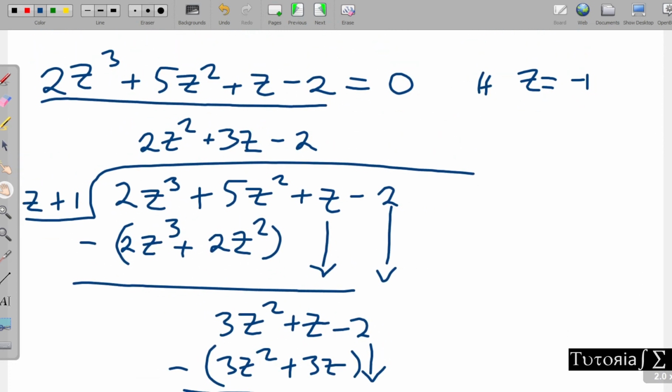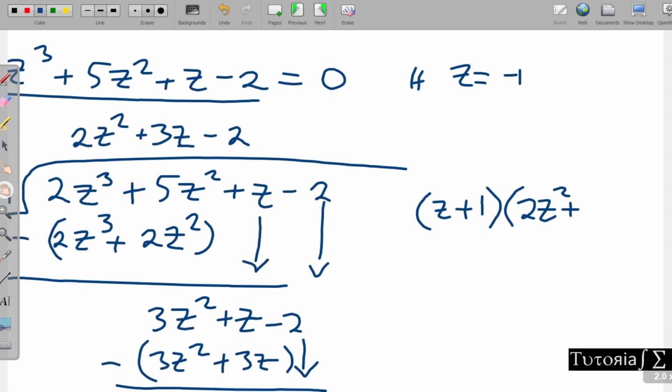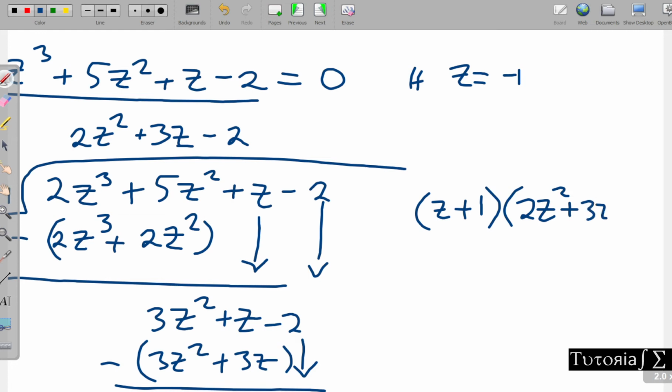So now what we've done here is we've found the factor z plus 1 times 2z squared plus 3z minus 2. The multiplication of these two will give you that.